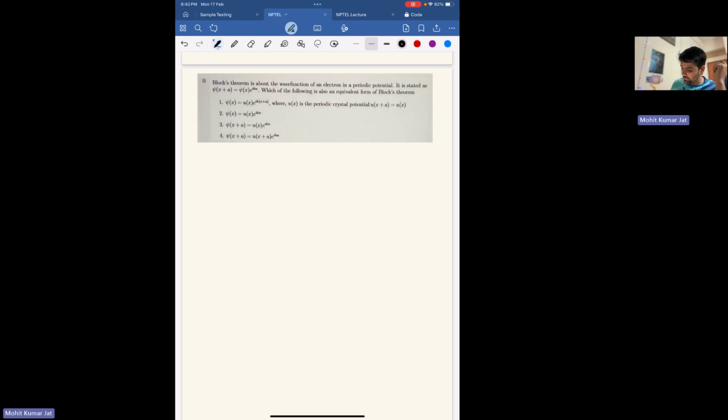E to the power i k a is a phase factor. Which of the following is also an equivalent form of the Bloch theorem?